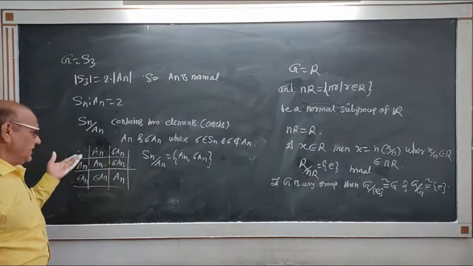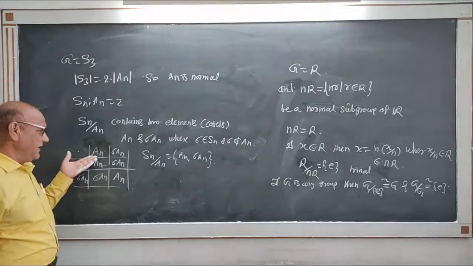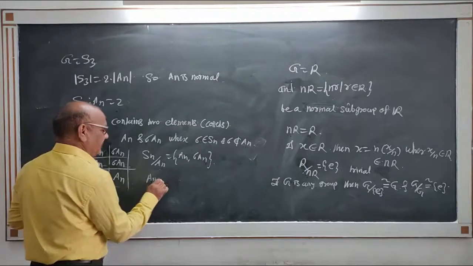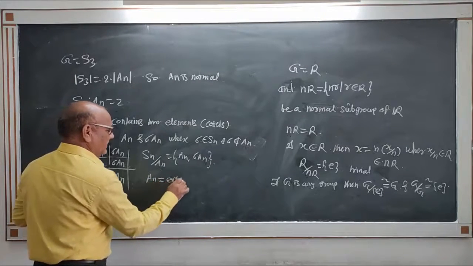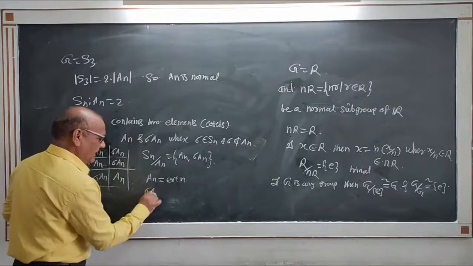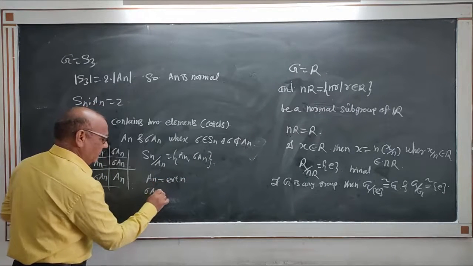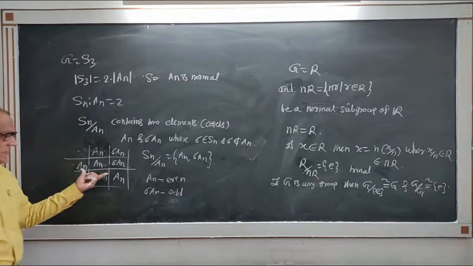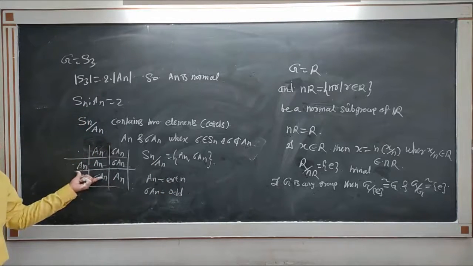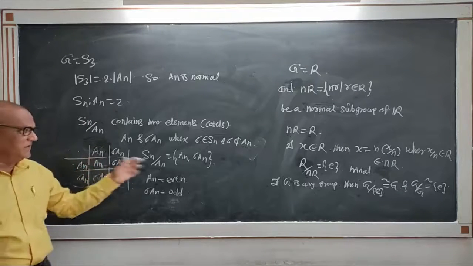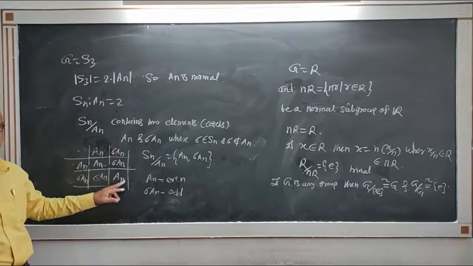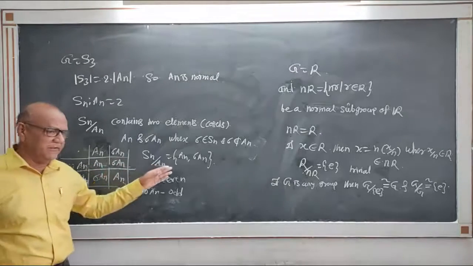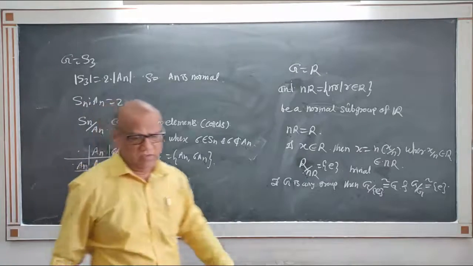That means if we rename An as e and sigma An as r, then we get this multiplication table, and this is a group, the factor group.